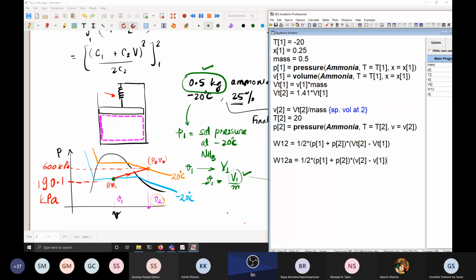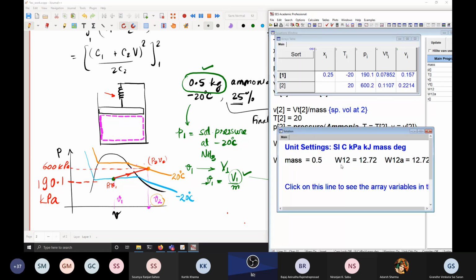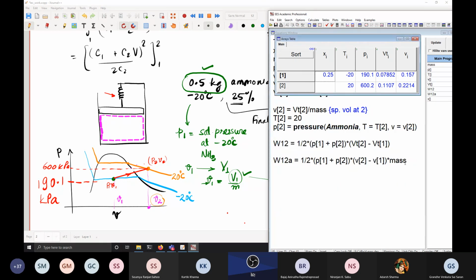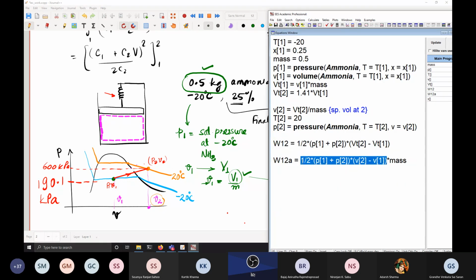This is the specific work. When you multiply the specific work by the mass, you get the total work. So they are identical. Obviously they are identical. This quantity is known as the specific work.